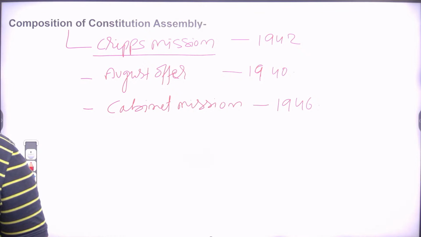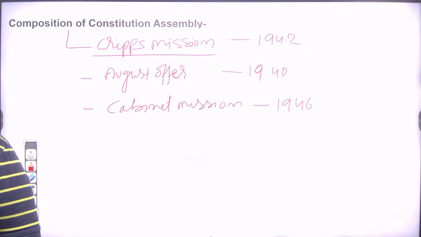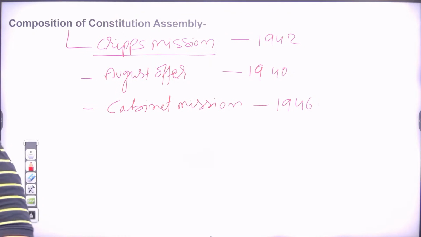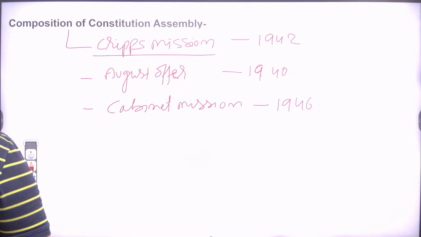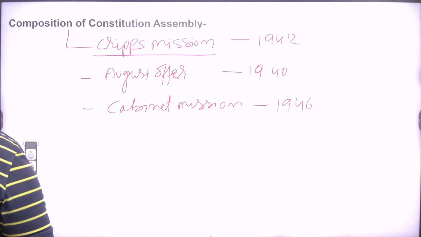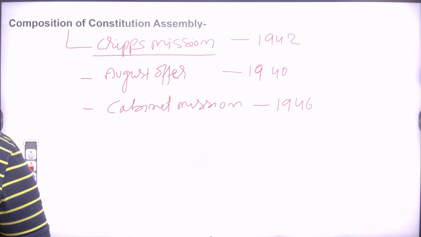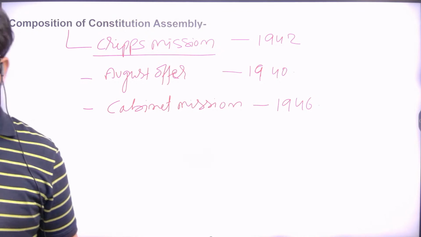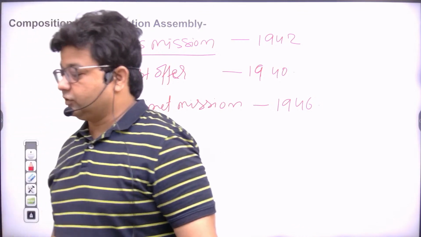Take your time. Answer the question. On which of the British government plans was the Constituent Assembly established? British के किस plan पे Constituent Assembly established हुई थी?